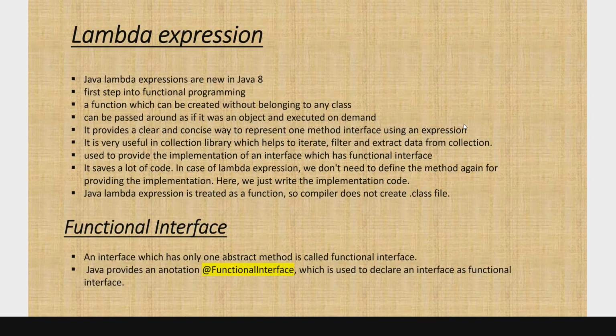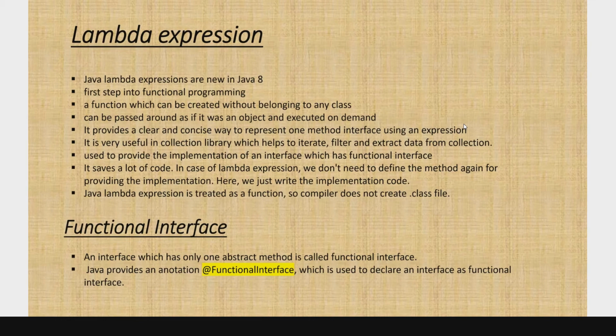For that interface with one method, we will use a Lambda expression to implement the logic in your class, just to avoid manual coding. Okay, so these are the points you can take a screenshot of.